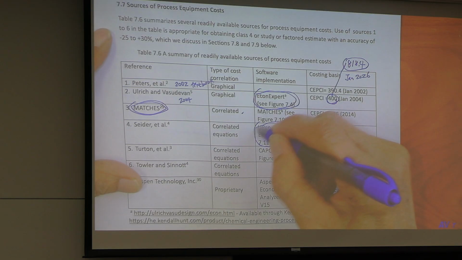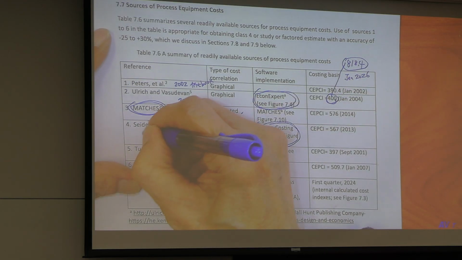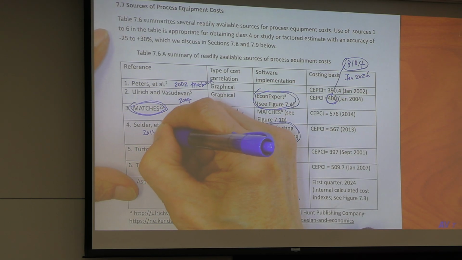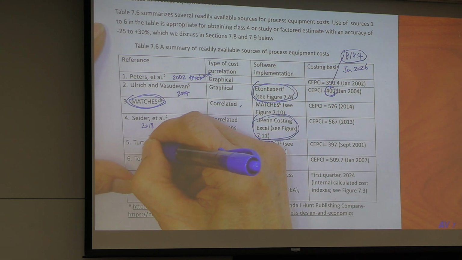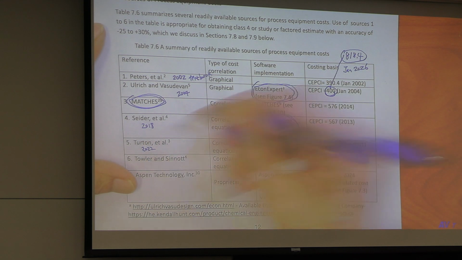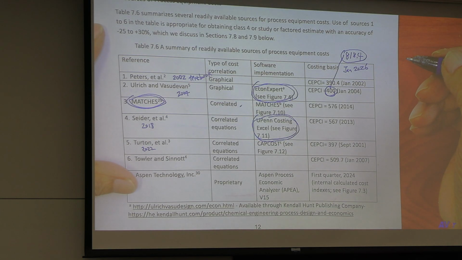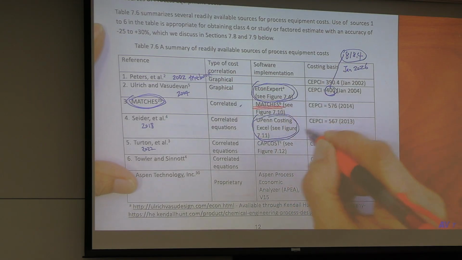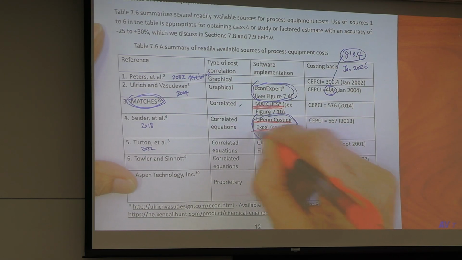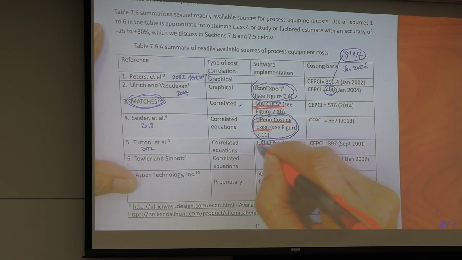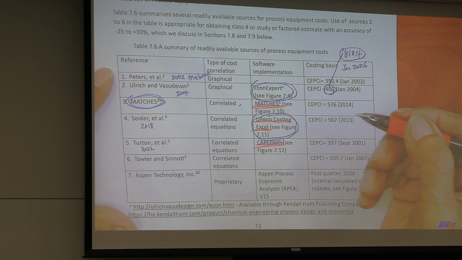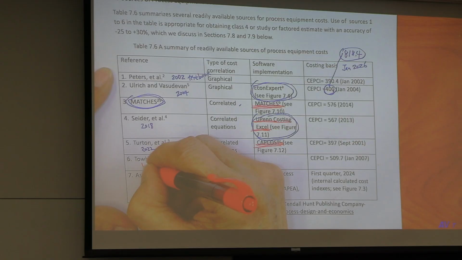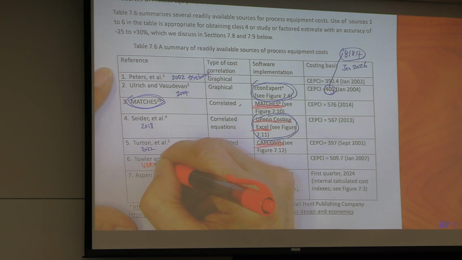UPenn costing Excel 2018. This is 2022. They call Matches UPenn costing Excel capital cost. I told you this book is very bad.